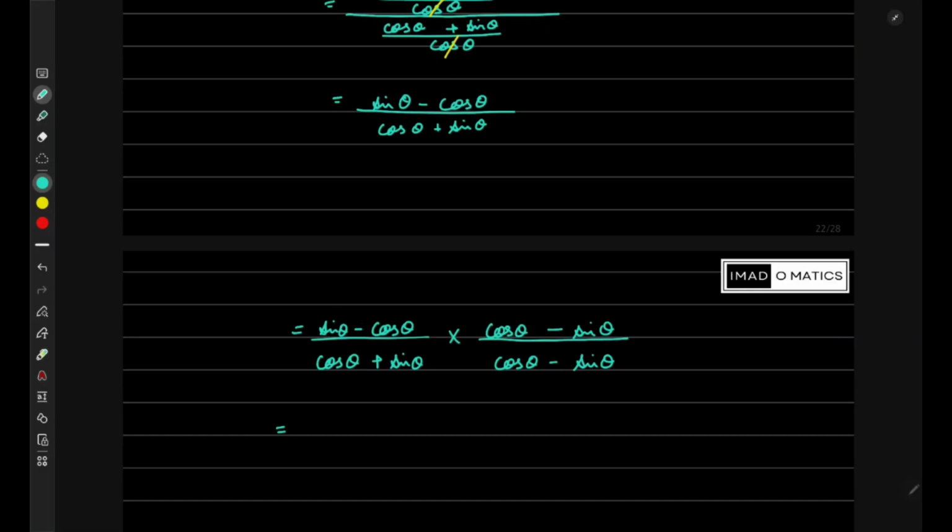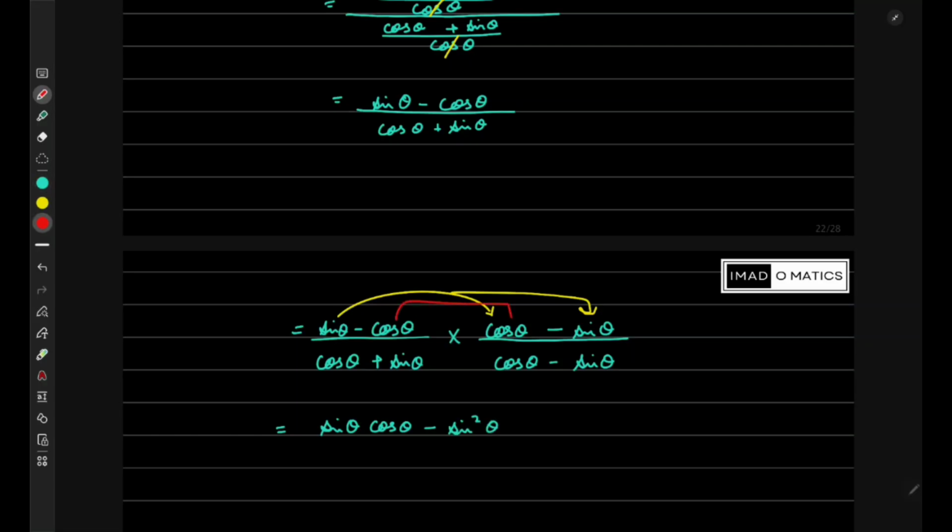Now multiply sin theta with cos theta and sin theta with sin theta: sin theta cos theta minus sin square theta.